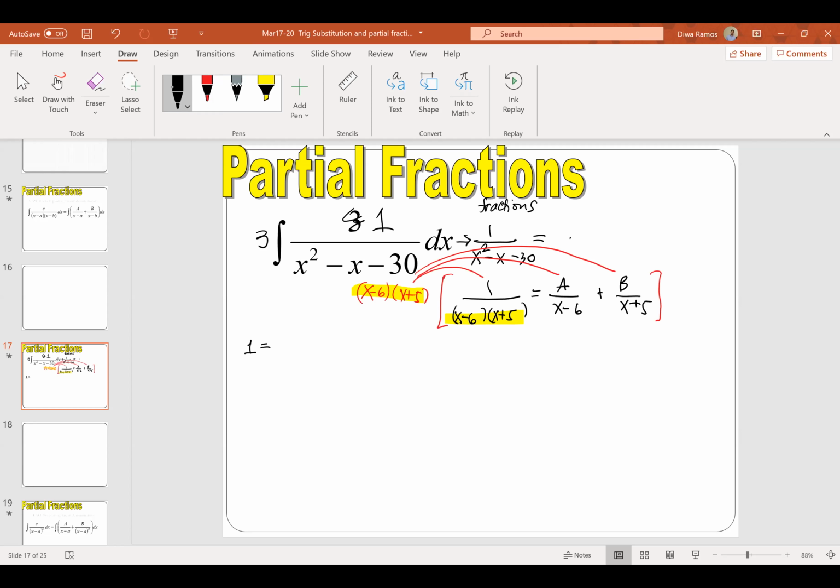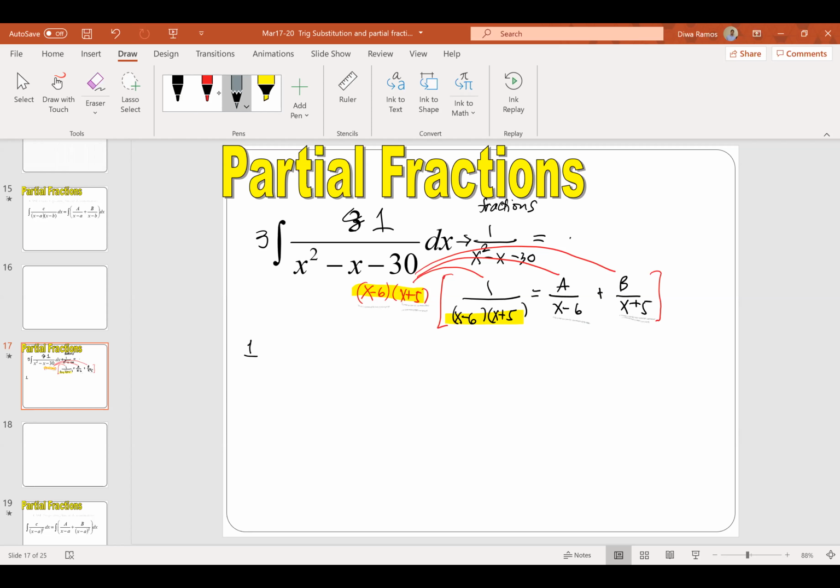Now on the right side, we have the x minus 6 here and the x minus 6 there will cross out. For B, the x plus 5 will cross out this x plus 5.